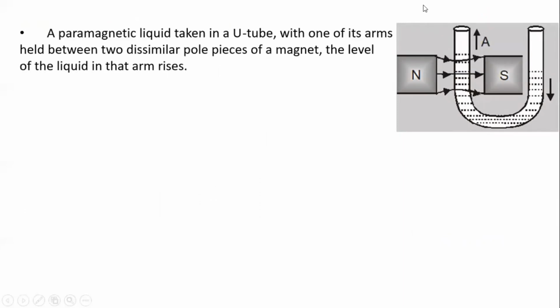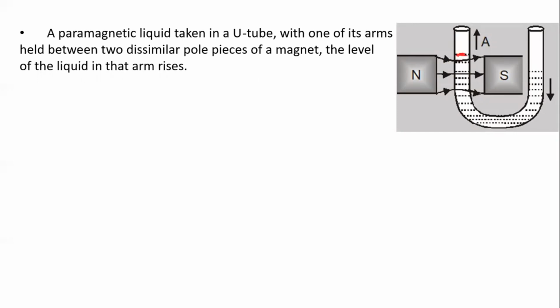Now next one: a paramagnetic liquid is taken in a U-tube with one of its arms held between two dissimilar pole pieces of a magnet. The level in that arm rises. The similar property exists in diamagnetic also: the liquid level decreases in diamagnetic, but here, when this U-shaped tube containing the paramagnetic liquid has one arm kept between the two poles, the level of liquid in that arm increases.